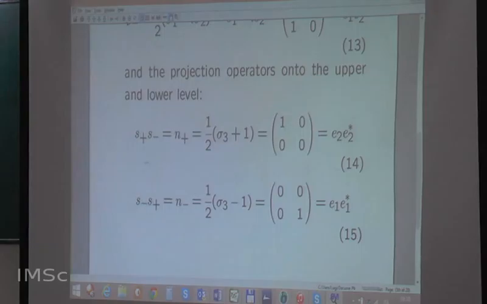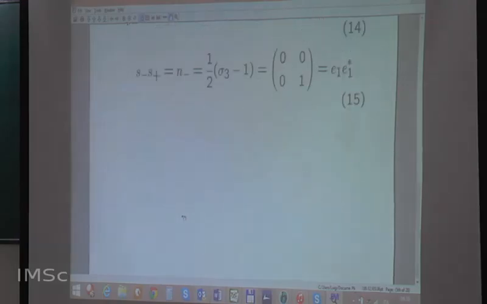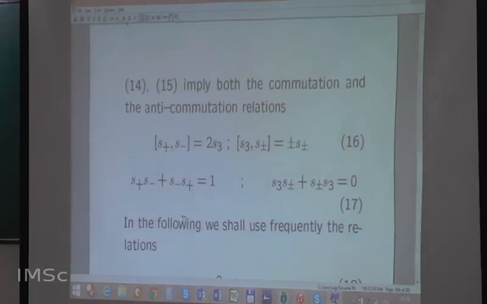An important point is that these two relations are important because from them one deduces both commutation and anti-commutation relations. I think it is very important to emphasize that the commutation and anti-commutation relations are not incompatible.